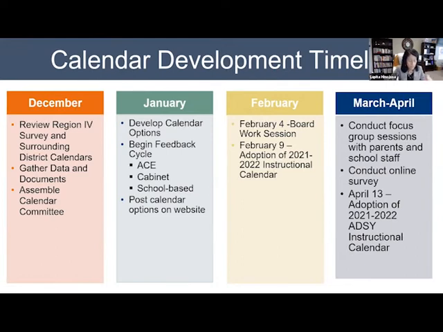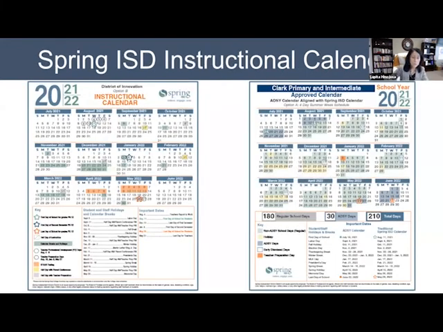And so on the next slide, you'll see the 2 calendars, our traditional calendar, and our community at large gets to vote on our calendars. So you'll see that our District of Innovation calendar does say option B. We put out 2 options and they get to vote on it, and we always leave it labeled so they know which one it is.